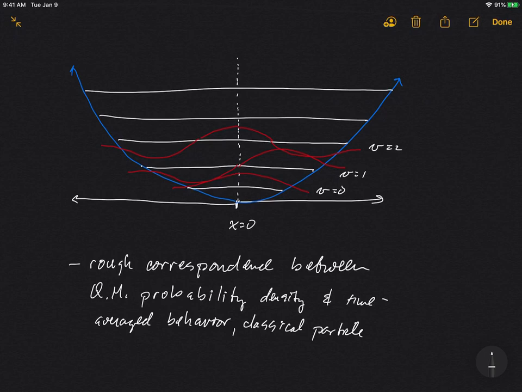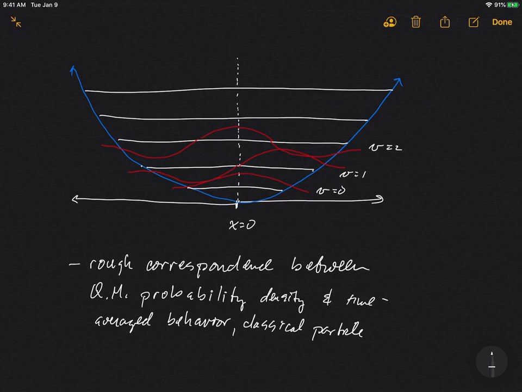Because that's where it stops for a moment. It slows down, it stops, and then it changes direction. And conversely, the classical particle on a spring spends very little time at the x equals 0 equilibrium position, right? It zooms past that.